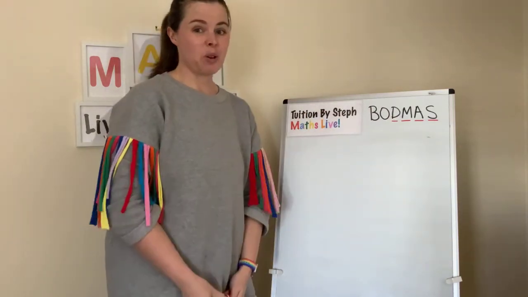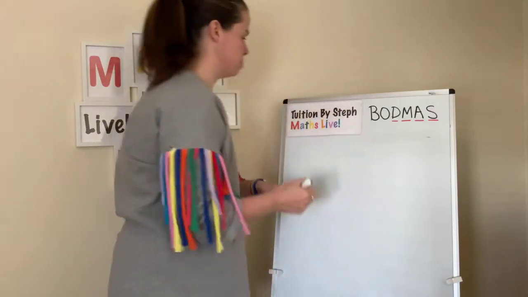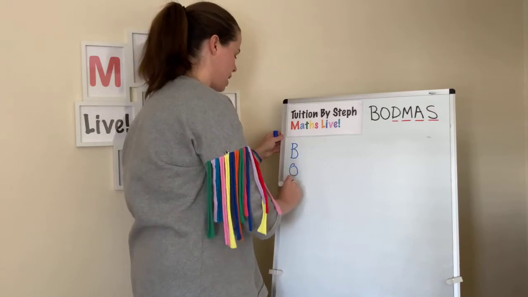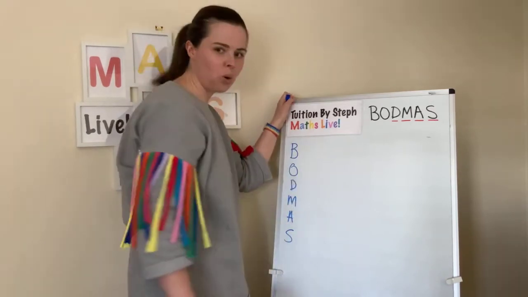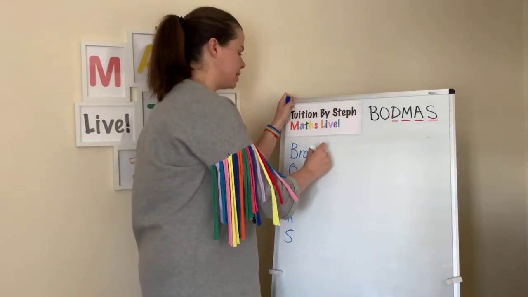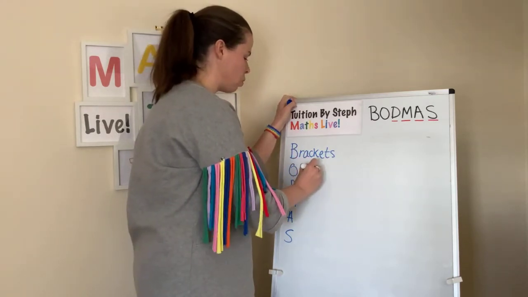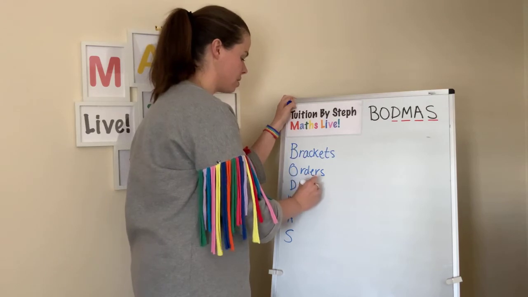First of all, we need to work out what they stand for. So BODMAS. It's not just one thing, they all stand for something. B stands for brackets. O stands for orders. D stands for division.